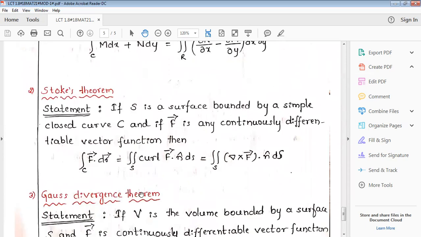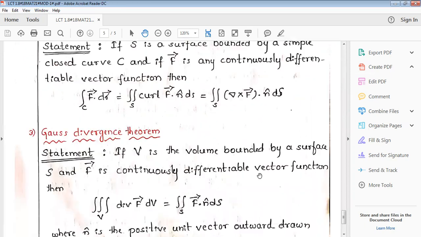And for Stokes' theorem, we find the integral over C of vector F dot vector dr separately, and then to verify Stokes' theorem, we have to find the curl of F and the dot product of this curl F with unit vector n cap dS. Then both should be equal.